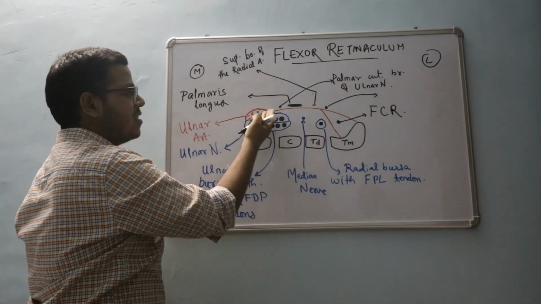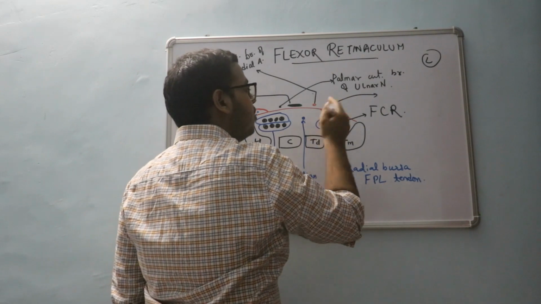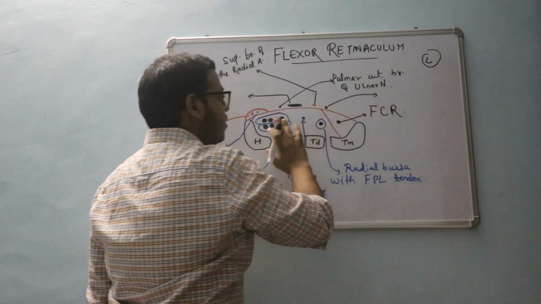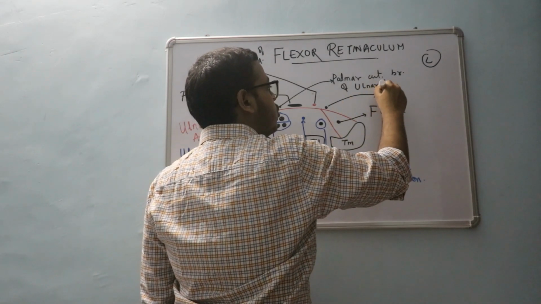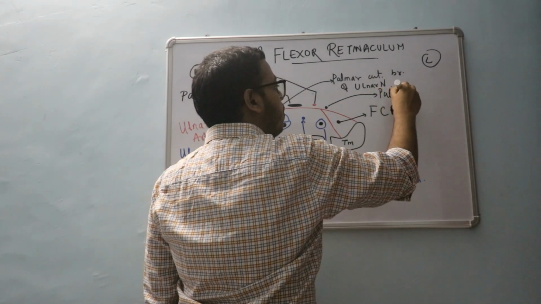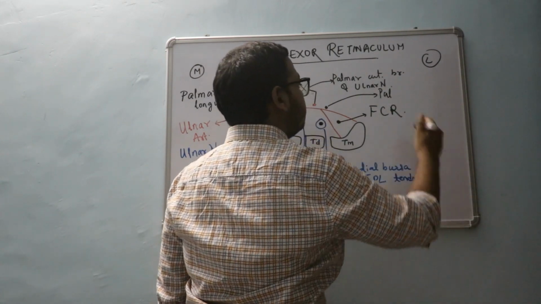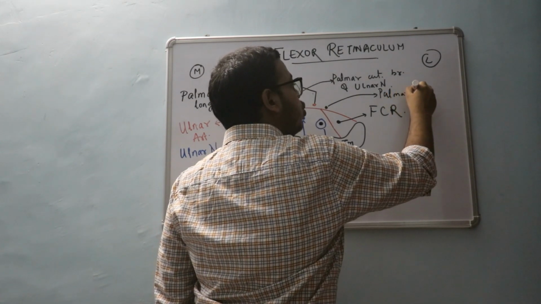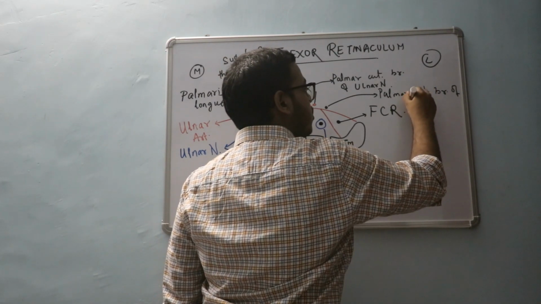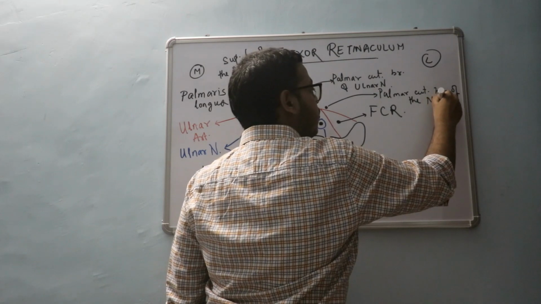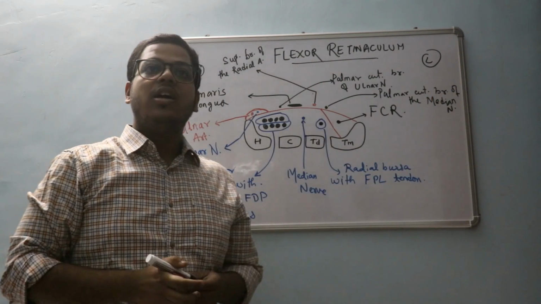So this is obviously on the ulnar side, so it has to be the palmar cutaneous branch of the ulnar nerve. And on the lateral side, it will be the branch of the median nerve. So this one is the palmar cutaneous branch of the median nerve.